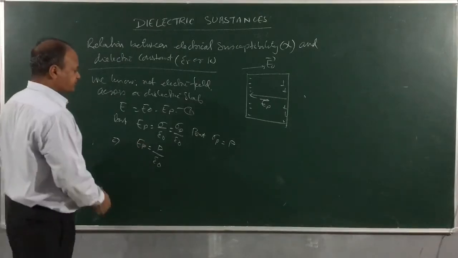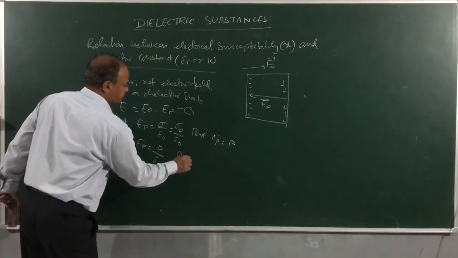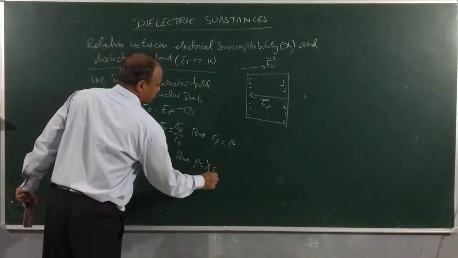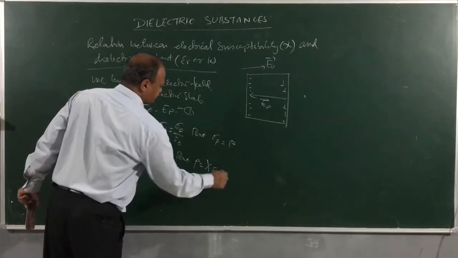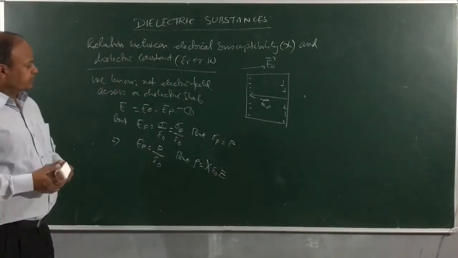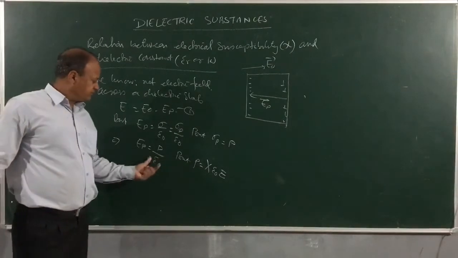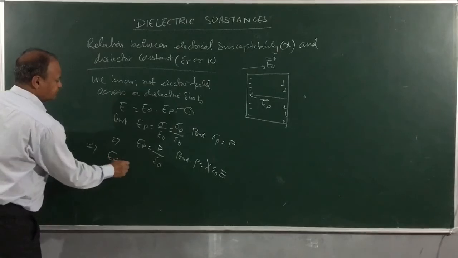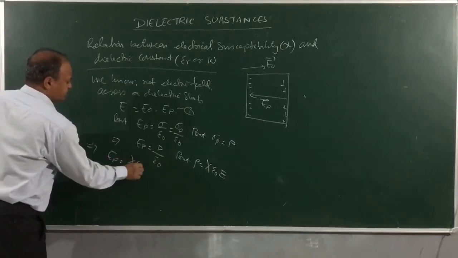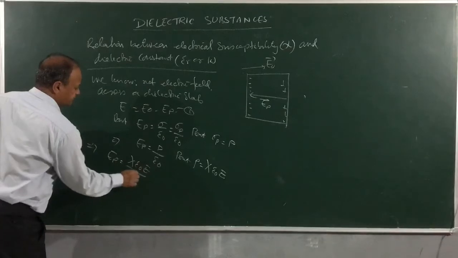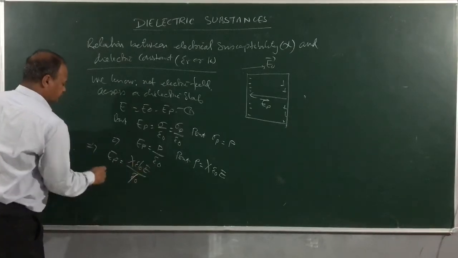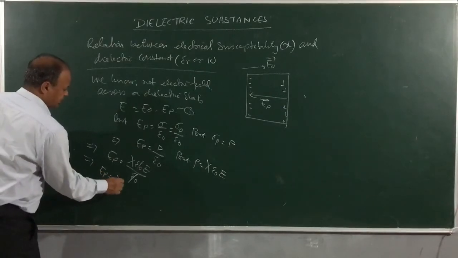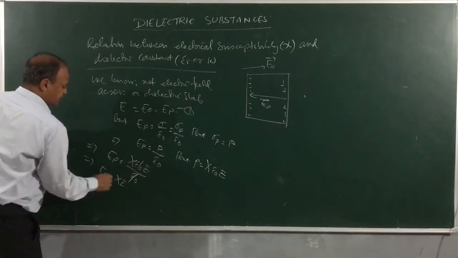But again we know P is equal to chi into epsilon naught into E. So I can easily substitute this value here. Therefore, EP will be equal to chi into epsilon naught into E divided by epsilon naught. Cancel out. So this shows that EP is equal to how much? Chi into E. Right?